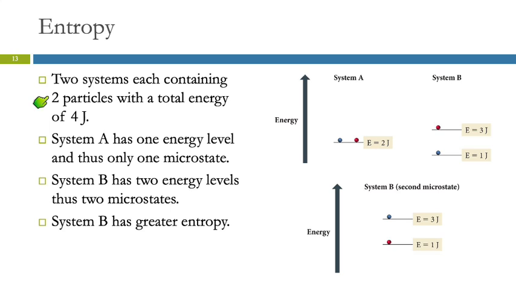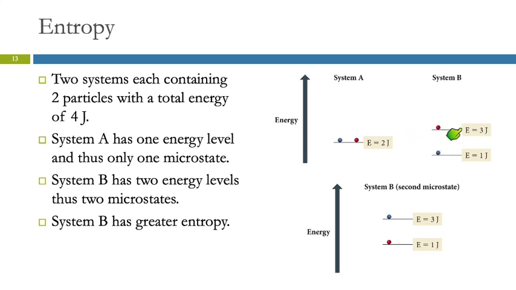Here we've got 2 systems, A and B. Each system has 2 particles with a total energy of 4 joules. The macrostate of each of these is the same: 2 particles, total energy of 4 joules. System A has only 1 level of energy. Both of the particles are at 2 joules. But system B has 2 different energy levels, 3 joules and 1 joule.